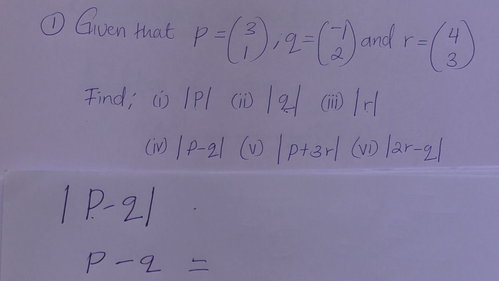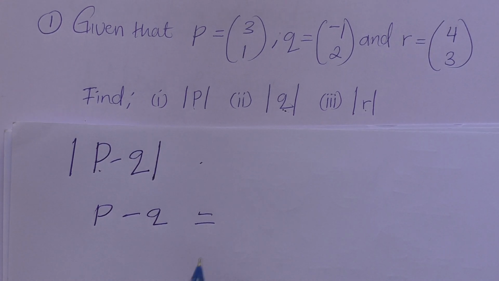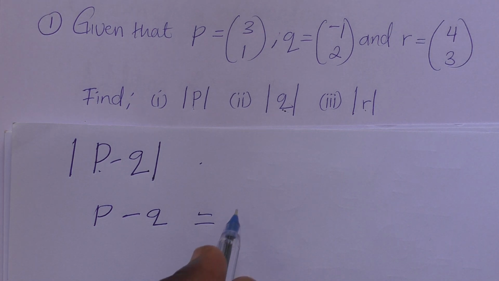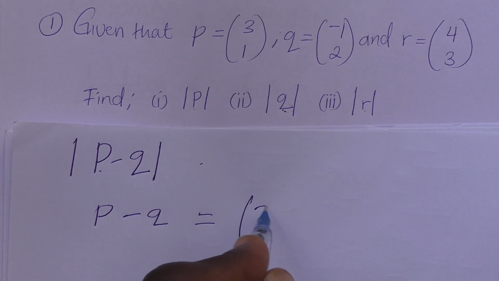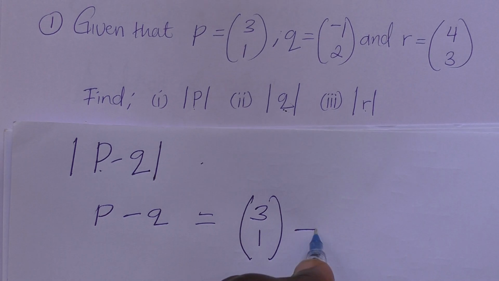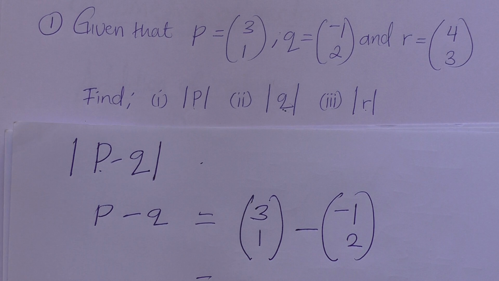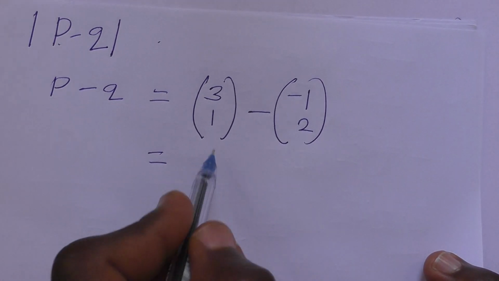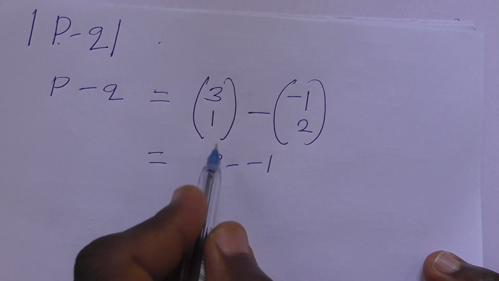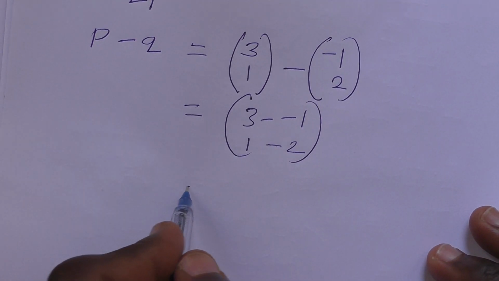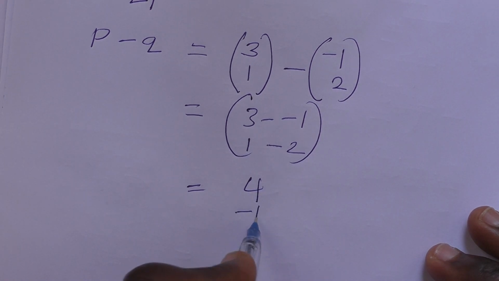We saw how we subtract in our first lesson, whereby when subtracting or adding, we add or subtract corresponding components of the vectors. So P is (3, 1) minus Q, which is (-1, 2). Once we subtract, we end up with 3 minus (-1) and 1 minus 2, which gives us (4, -1).